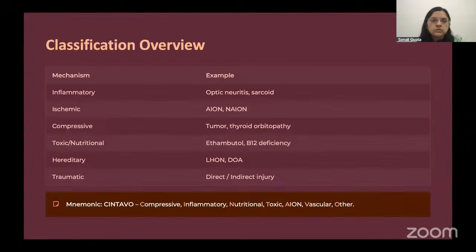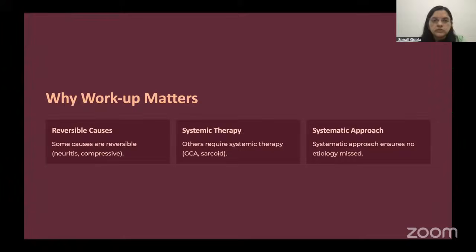So broadly, we can classify the optic neuropathies, based on the mechanism, into inflammatory, ischemic, compressive, toxic, nutritional, hereditary, or traumatic. Each type has its own characteristics, which we can bring out to some extent on the history and examination. So why does a good workup matter?